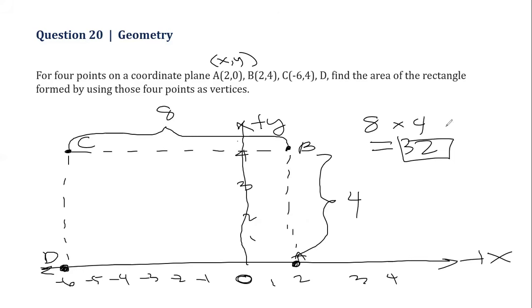Any questions? I want to ask why the D point is on coordinate -6, 0. Because that's the only point where that would make this figure a rectangle. If you put it anywhere else, this would not be a rectangle.